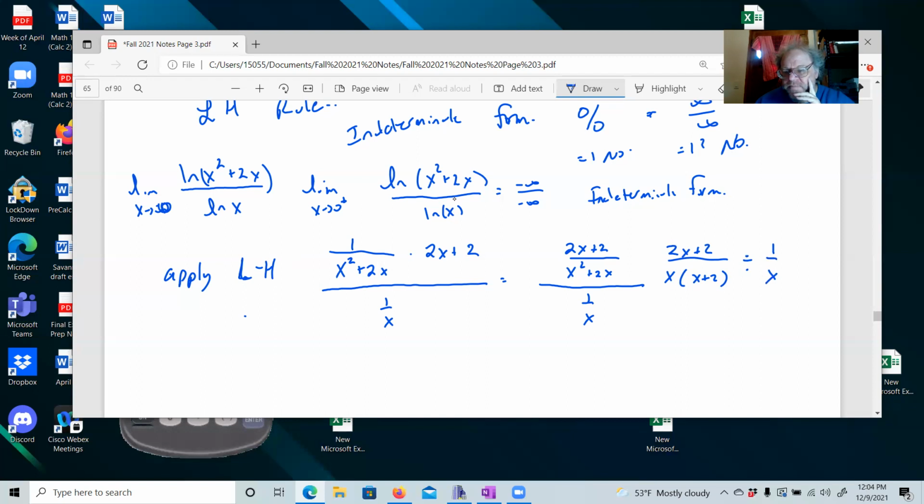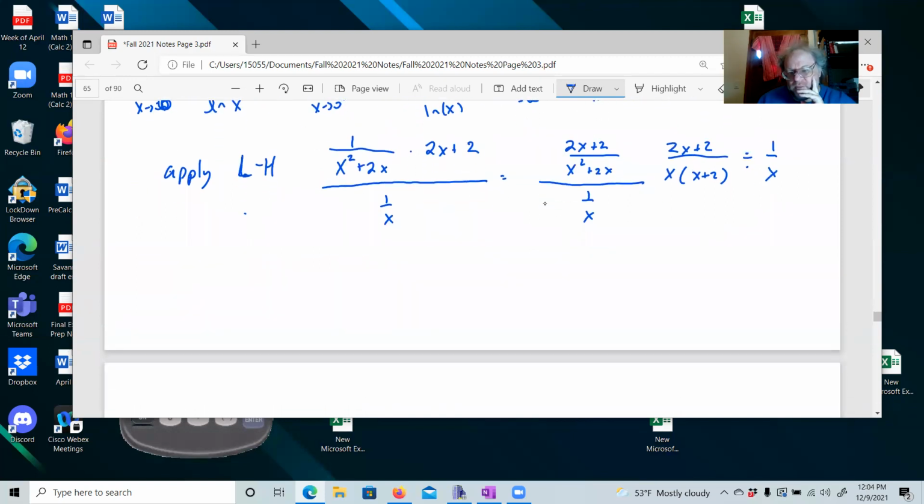Do you remember what you do when you divide a fraction? You flip and multiply. Those cancel, thankfully. So we end up with 2x plus 2 over x plus 2.